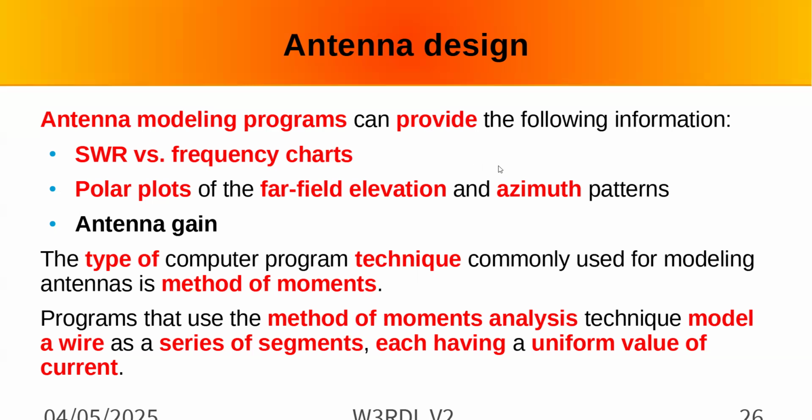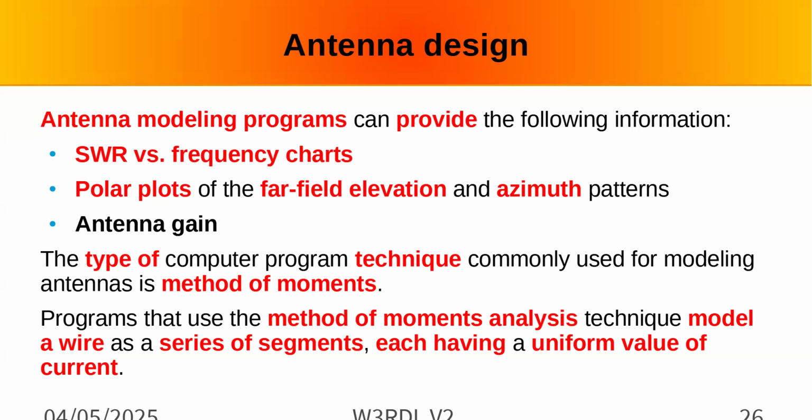You can get SWR versus frequency from the model. You can do polar plots for azimuth and elevation. You can get a 3D radiation model that you can rotate around and see what the pattern looks like. It'll show you the complex impedance values at any frequency you pick.